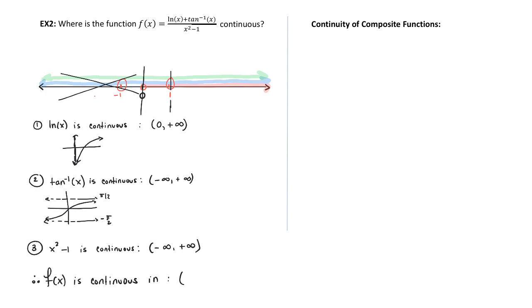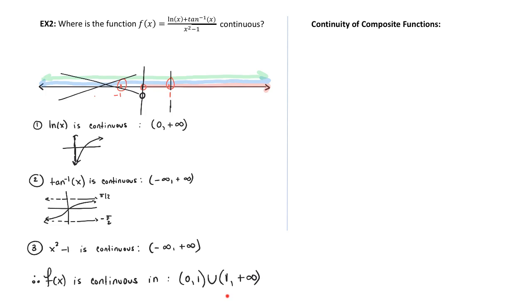notation. Sometimes students find that easier than set notation. So we're going to go from 0 to 1, not including 1, or, remember, the union symbol means or, from 1 all the way to positive infinity. So this is the domain of the function.